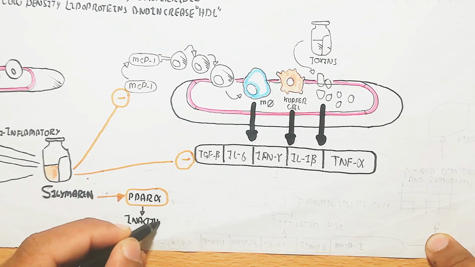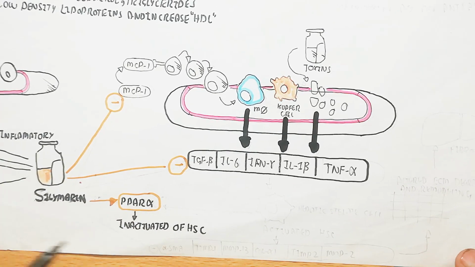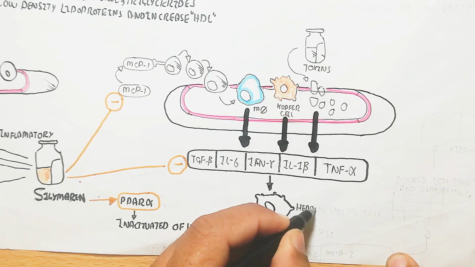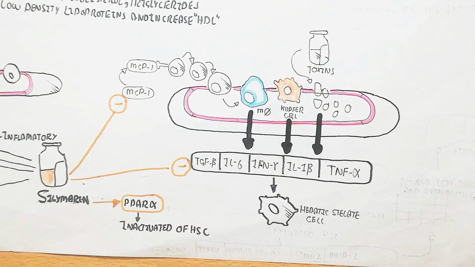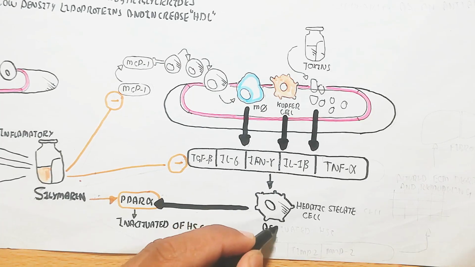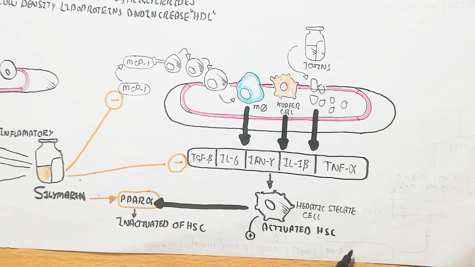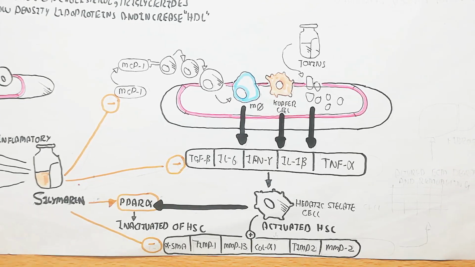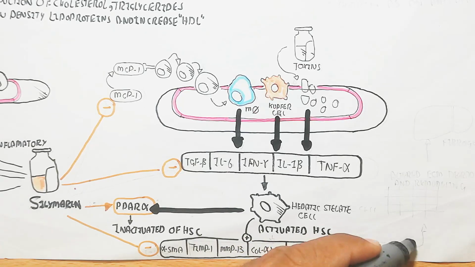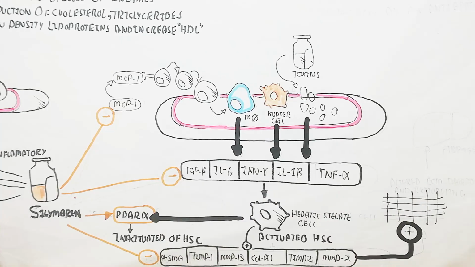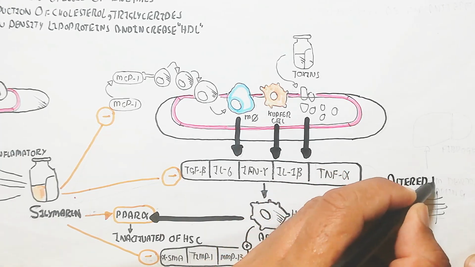Silymarin inhibits these, and in this way the inflammation and immune response are inhibited. PPAR alpha inactivates the hepatic stellate cell, and inactivation of the hepatic stellate cell leads to lower inflammation and lower activation and response of inflammation.